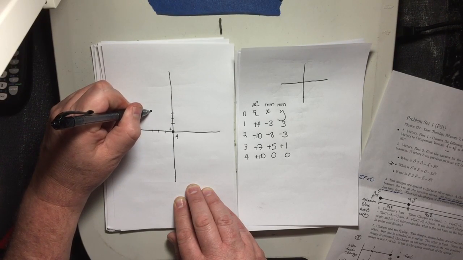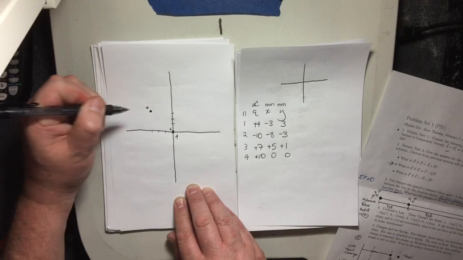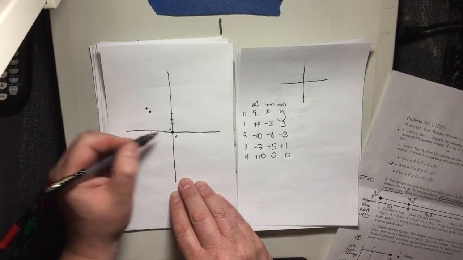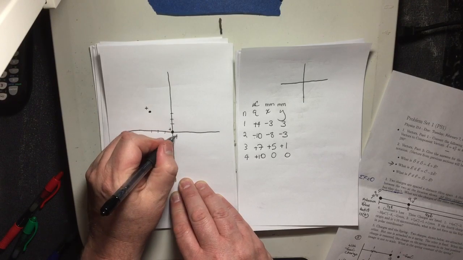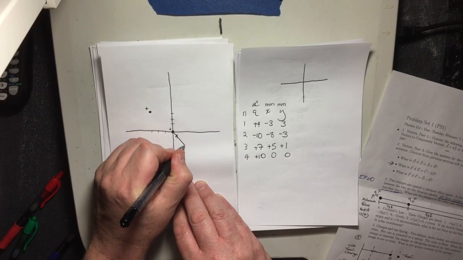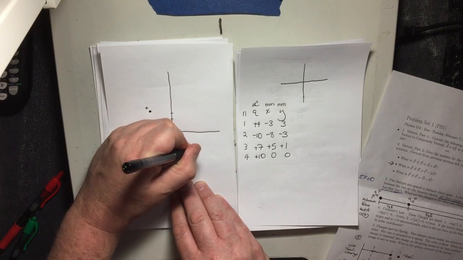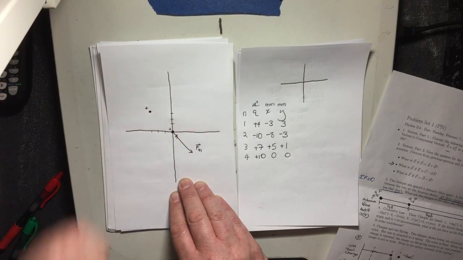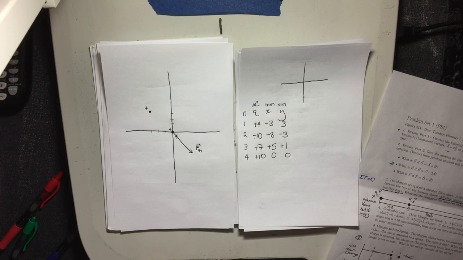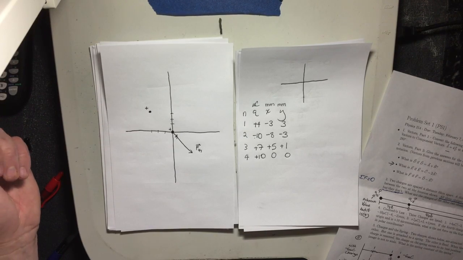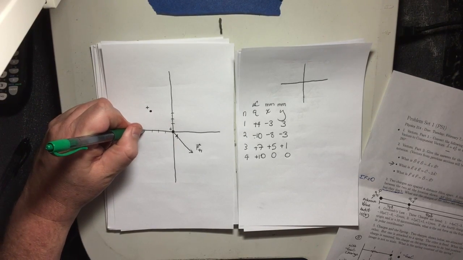So there's a positive charge out here. Positive, positive means it repulses, which means the force on 4 by 1 looks like this. Charge 2 is negative 10 microcoulombs, negative 8, negative 3.